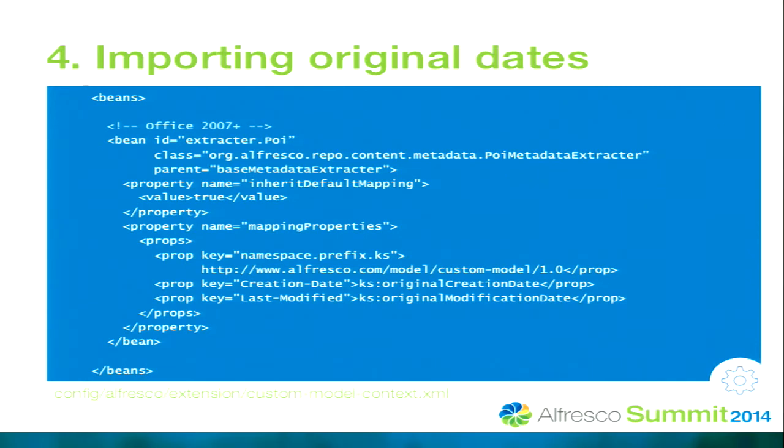You have any other structures, a PDF, I don't remember, there are several. And we are just setting our aspect properties to document properties. So when the document is added to Alfresco, these properties are mapped.